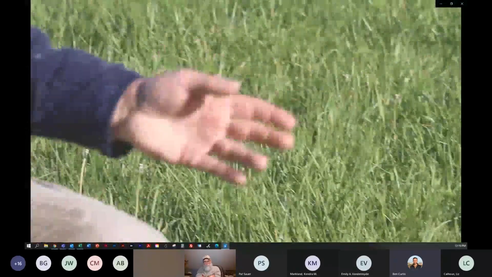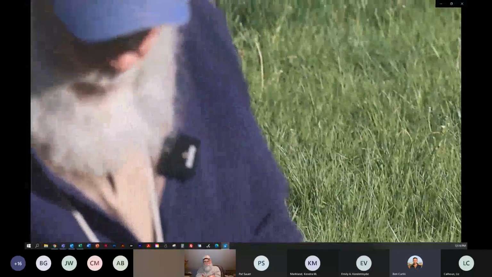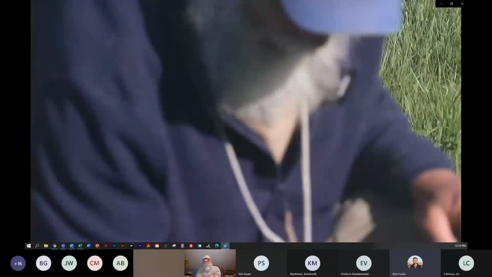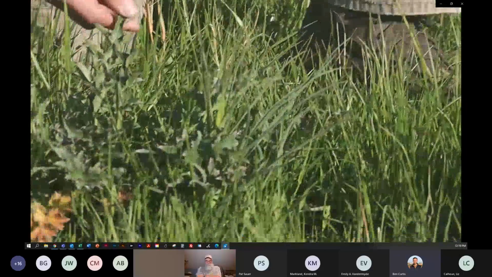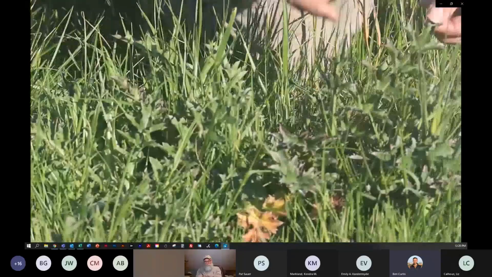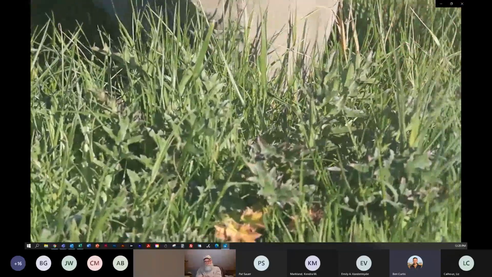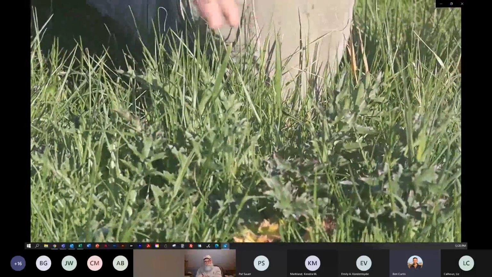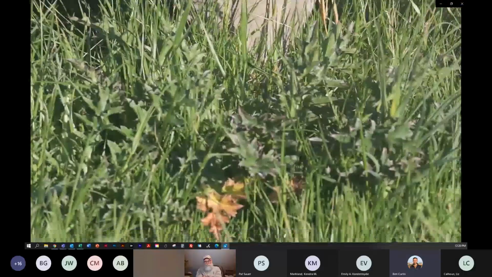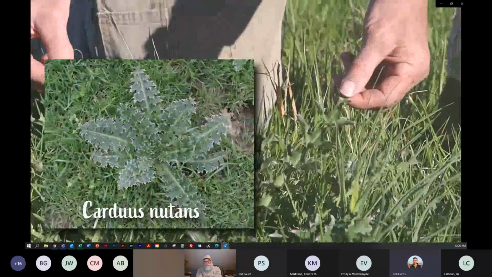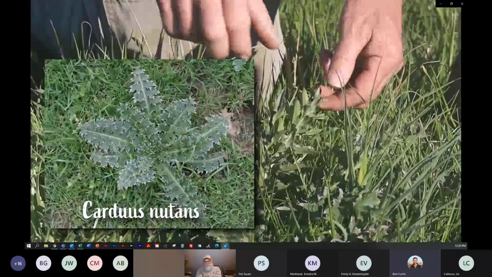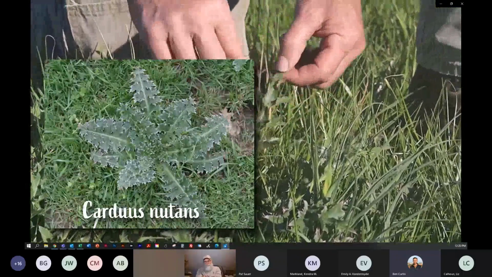So we'll probably see these thistles as we go along during the growing season, and we'll see them later on in flower. All the thistles, especially this species, and those that are biennials, have these basal rosettes early on. I'm trying to pull a leaf off here, but it's so prickly I really can't get my hands down in there very well without getting stuck.